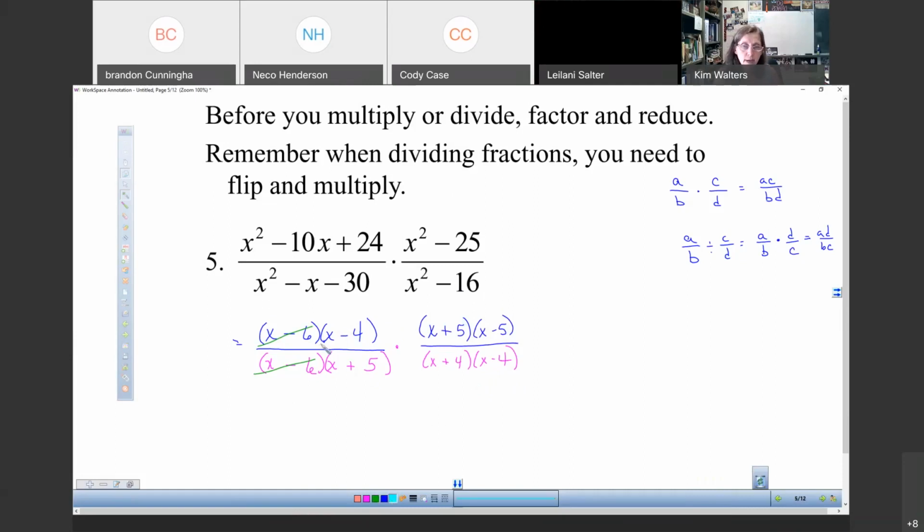So this x minus 4 divides out with this x minus 4, and this x plus 5 divides out with this x plus 5. And so I am left with x minus 5 as the only factor left in the numerator, and x plus 4 as the only factor left in the denominator. And that is my final answer.